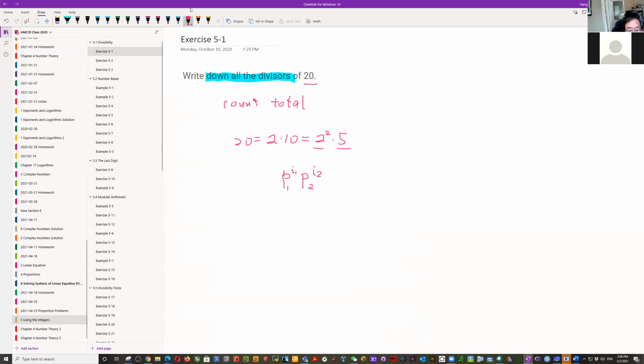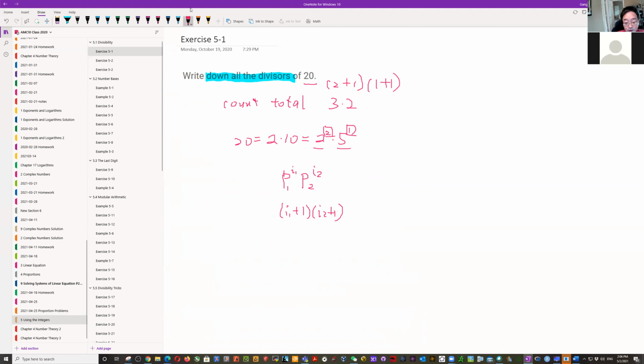Then picking how many divisors becomes a combination problem. How many ways are there to pick the power for each individual prime factor? It is (I1 plus 1) multiplied by (I2 plus 1), something like that. For example, here the first index is 2 and the second index is 1, so we have 3 multiplied by 2 ways, basically (2 plus 1) multiplied by (1 plus 1) ways of picking the divisor.